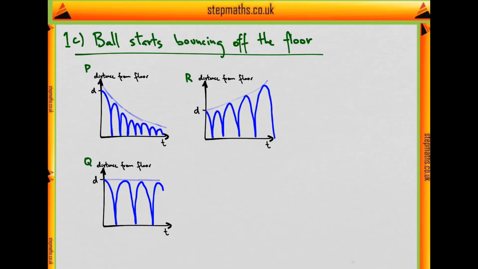Now the ball reaches the ground, and it starts bouncing off the floor. And section C asks us to say which of these 3 graphs could be the graph of the distance from the floor against time for this ball. One thing to note is that the strength of gravity is increasing. We know it's an increasing function, 0.4 times t.